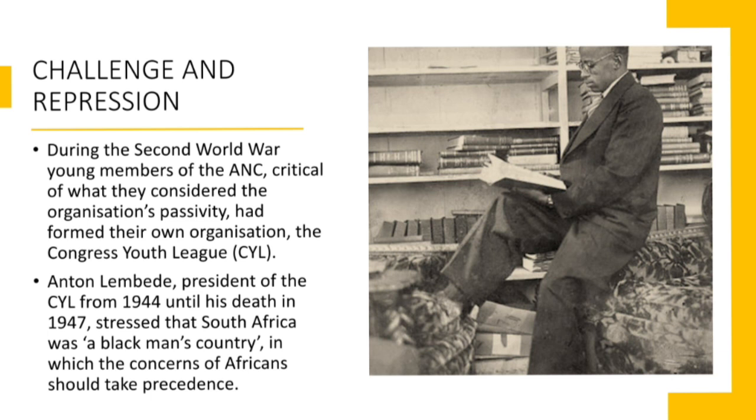Now, that's the founding of the ANC Youth League. And in fact, many of the members, Nelson Mandela, Walter Sisulu, Oliver Tambo, had this philosophy in 1944 when the ANC Youth League was established. Anton Lembede, who was the founder of the Youth League, passed away in 1947 at age 33. So it was very uncertain if he would have continued with this Africanist philosophy.